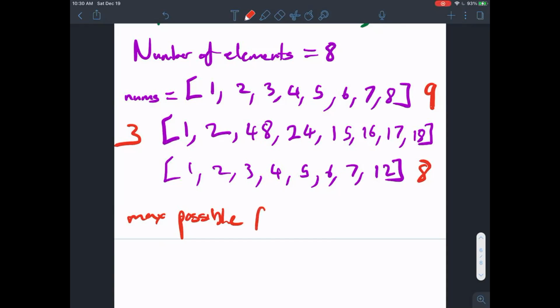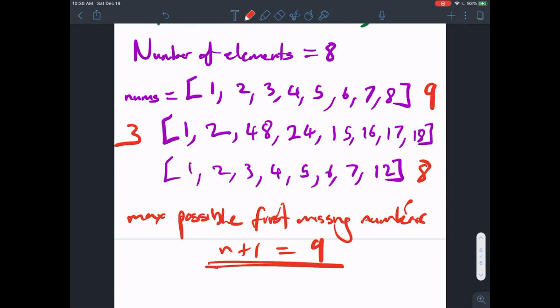So the maximum possible first missing number is n plus 1, which is equal to 9. We're just adding this 8 and 1 to get this 9.